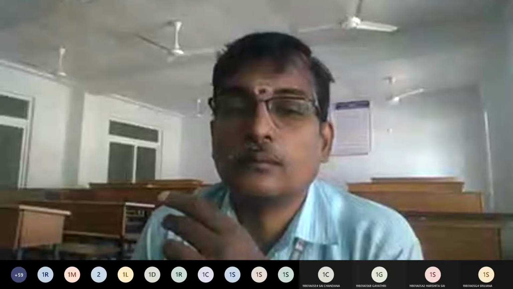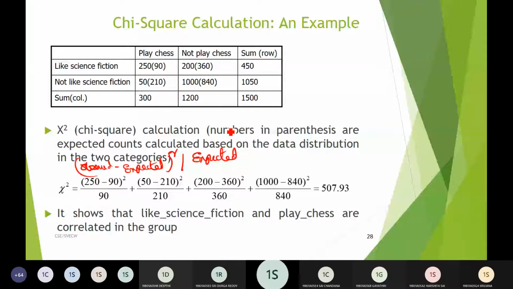So observed was 250 and expected was 90. Observed was 50 and expected was 210. Observed was 1000 and expected was 840. So in this way we are going to interpret the things. We will look at 250 minus 90 by 90.